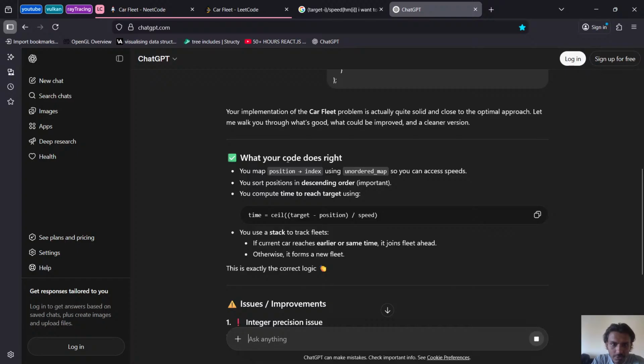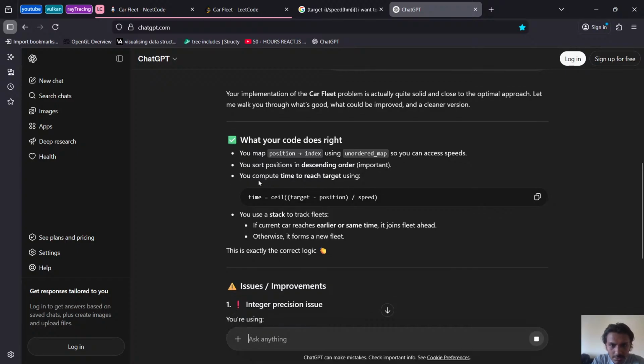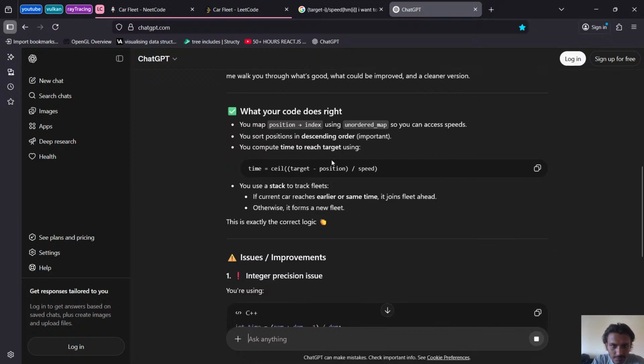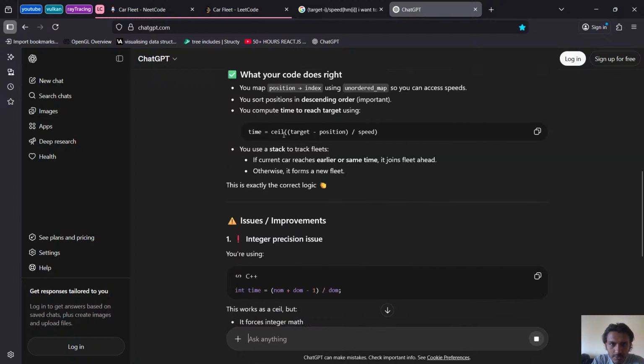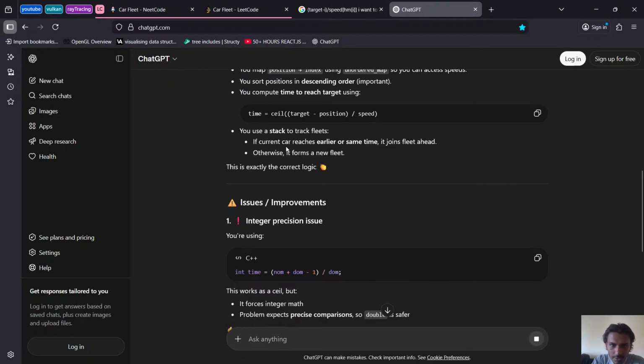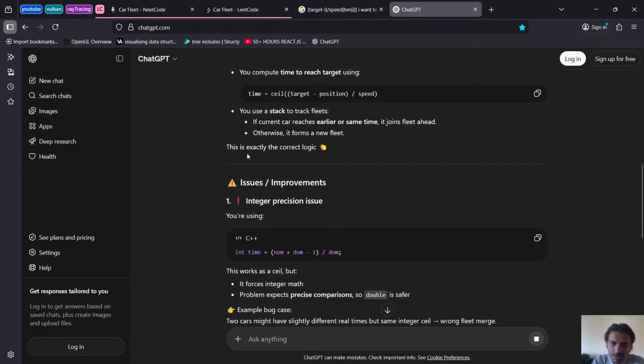It sorts the positions in descending order, that is right. You compute the time to reach, that is right. You use a stack to track the fleets. If the current car reaches at the same time or earlier, it joins the fleet ahead. Otherwise, it forms a new fleet.